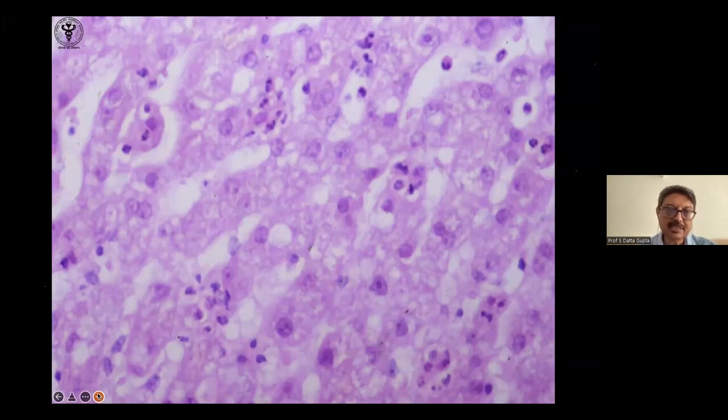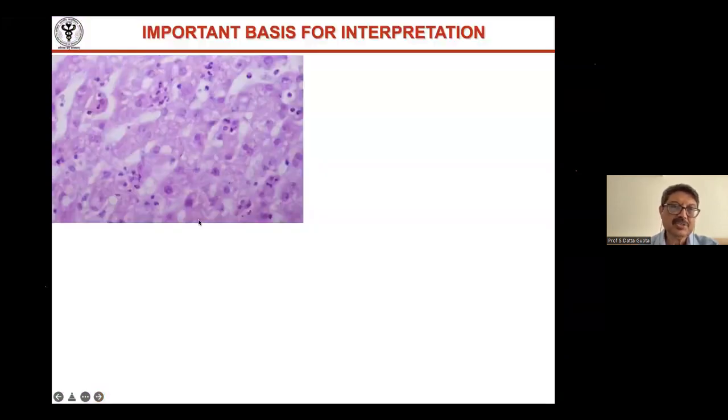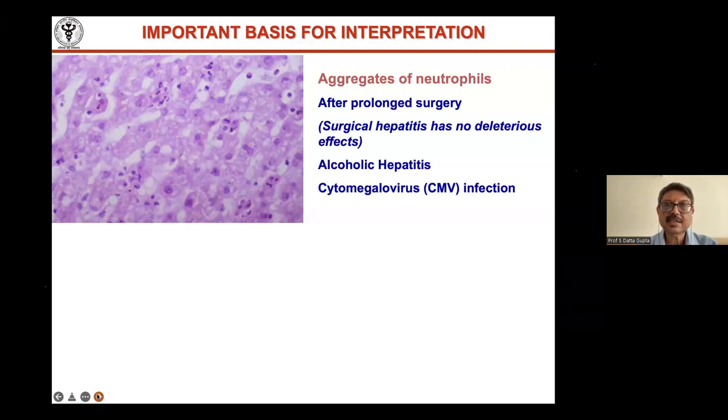The other thing is, different things may show the same feature. Here you are finding neutrophils destroying hepatocytes. Now, if you see carefully, when do you get it? You can get it after prolonged surgery. So if there is an abdominal surgery and the surgeon is handling the liver, you get neutrophils here.